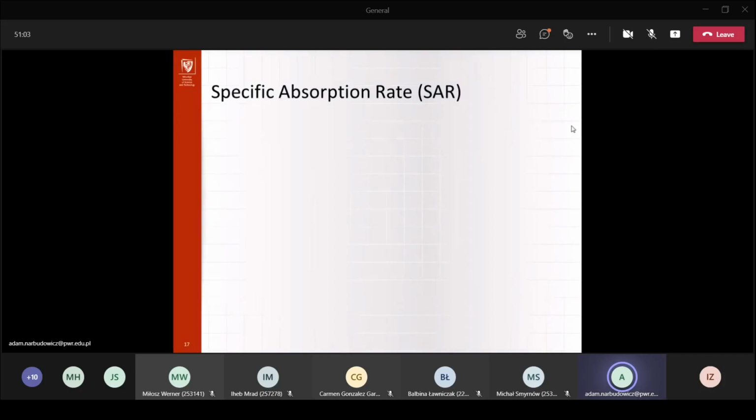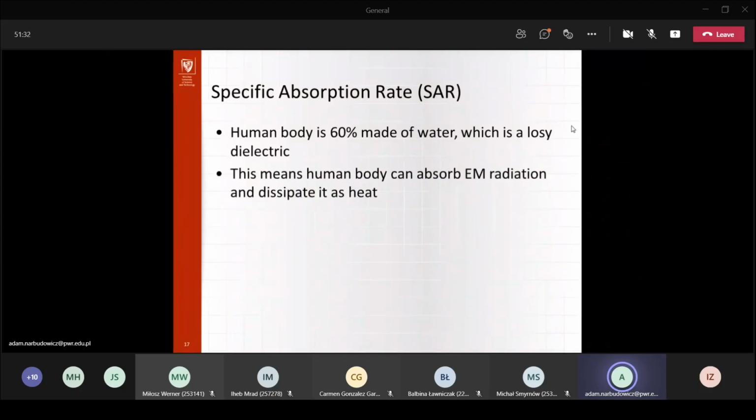All right. Now, since we are mentioning biomedical applications, there is something I have to mention, which is the specific absorption rate. This is a generic metric which is most often referred to in mobile phones, but it's of course general. So basically, the problem here is that, as I mentioned earlier on, the human body is basically 60% water, which is a lossy dielectric, and as such, it has a tendency to absorb electromagnetic radiation and dissipate it as heat.